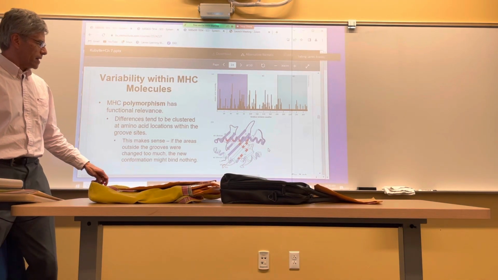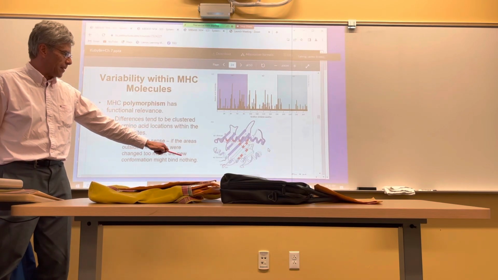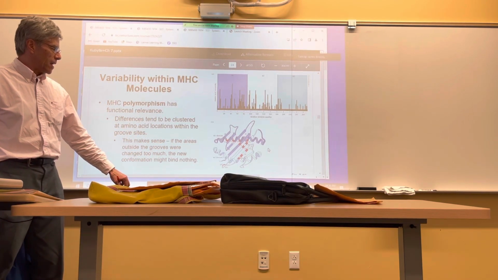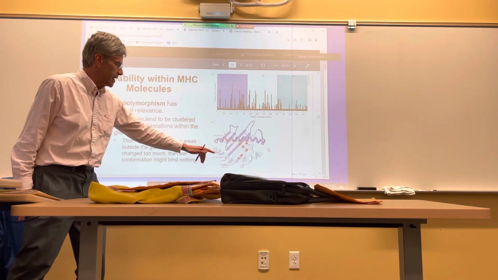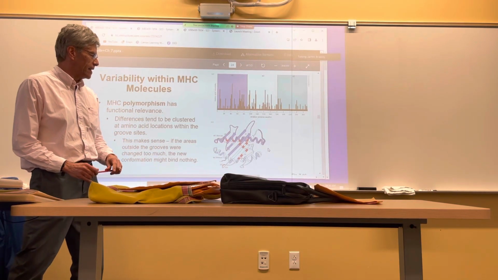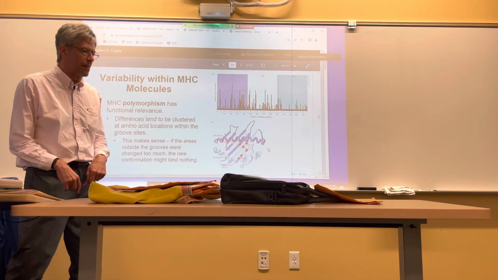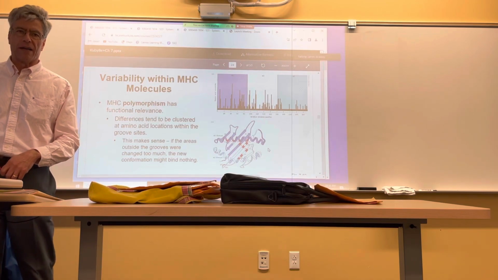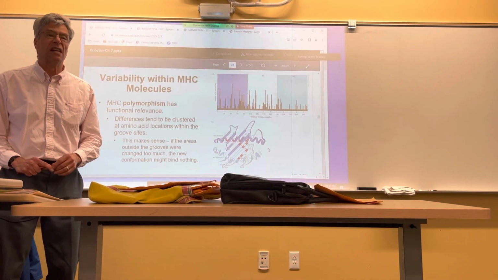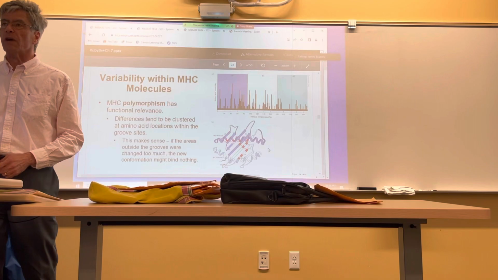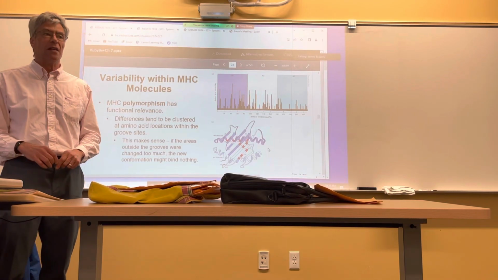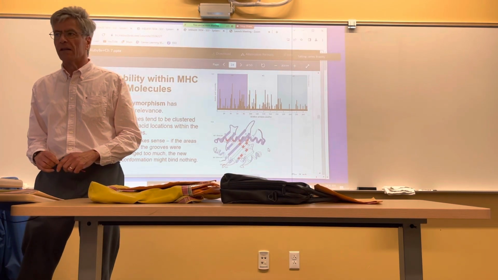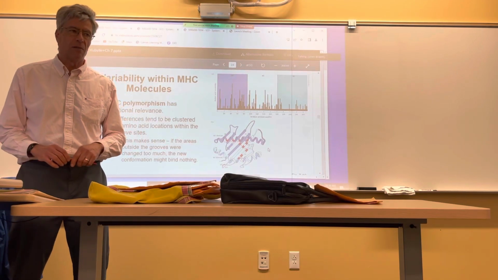We see here the structure of the floor of the MHC and also the helices on the side, and highlighted their areas of high variability. And of course, where it's important, where peptides are bound. So different alleles can bind different peptides.